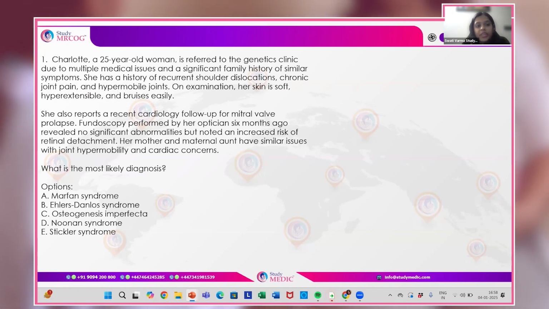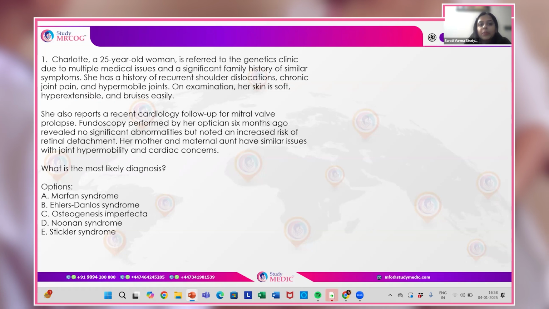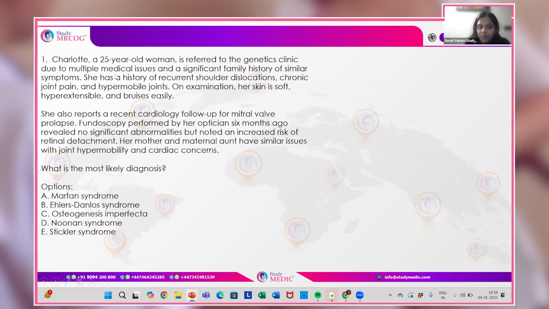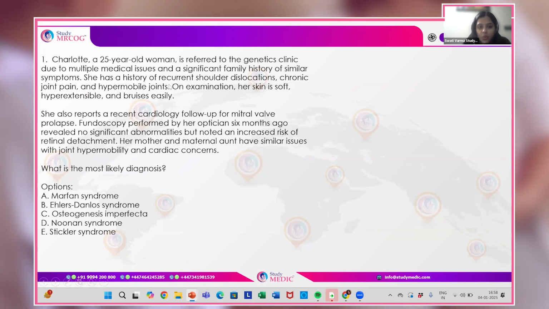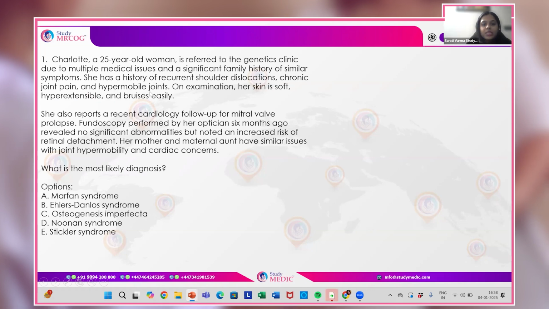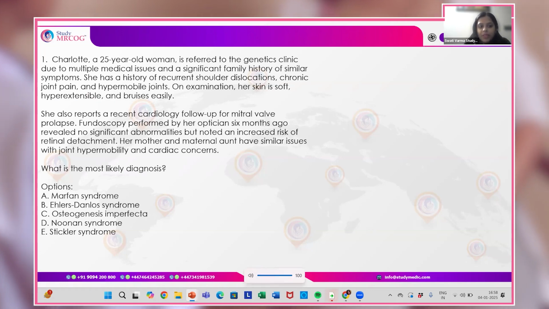So Charlotte, a 25-year-old woman, is referred to the genetics clinic due to multiple medical issues and a significant family history of similar symptoms. She has a history of recurrent shoulder dislocations, chronic joint pain, and hypermobile joints. On examination, her skin is soft, hyperextensible, and bruises easily.